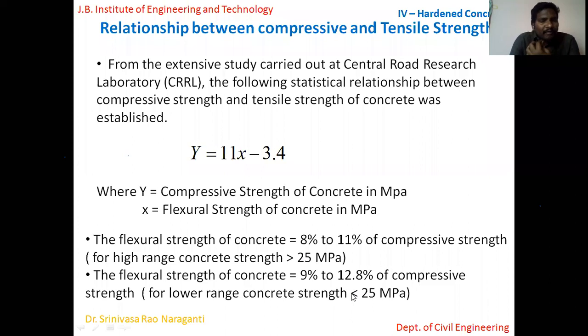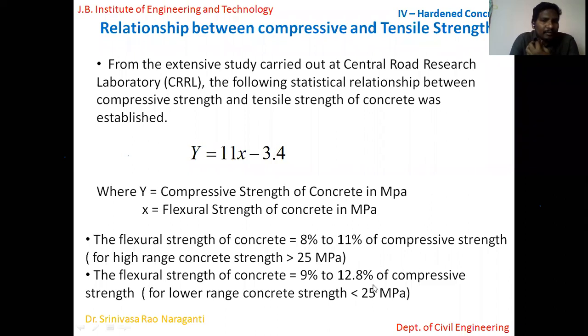But if you're using less than M25 grade concrete, that means if you're using M15, M20, M25 mix, the tensile strength is expected to be between 9% to 12.8%, anywhere between these two. Because if you observe these two equations, you'll find that the richer the mix, that means when you go for higher grade of concrete, your tensile strength is coming down slightly.